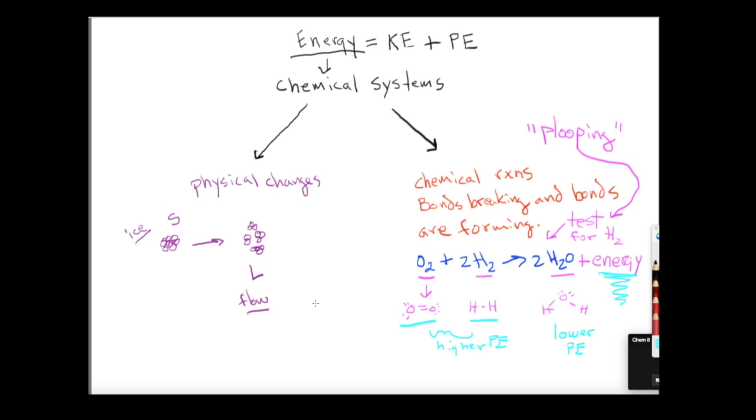All right, and so when we talk about potential energy, and I'm going to finish this, like I promised not to go on very long, so I'm just changing screens here. When we talk about potential energy, there's two kinds.